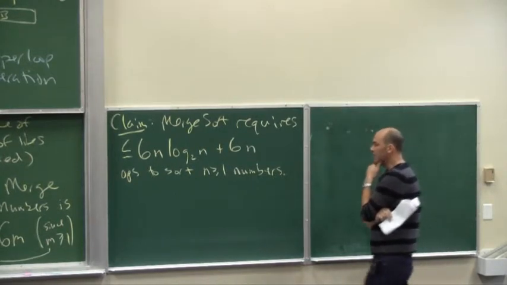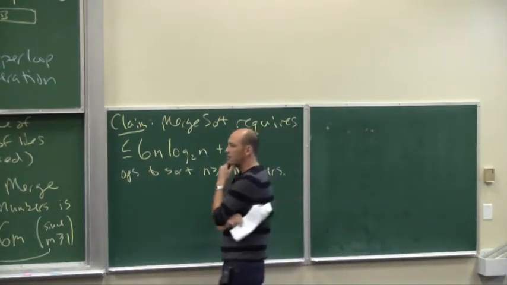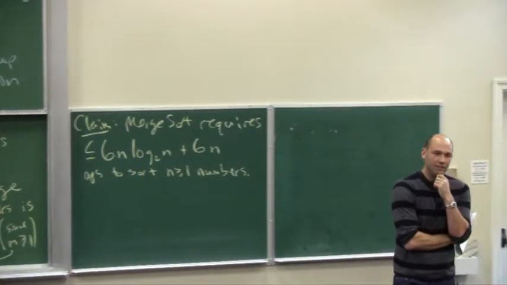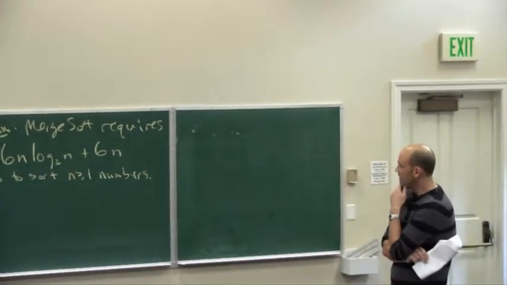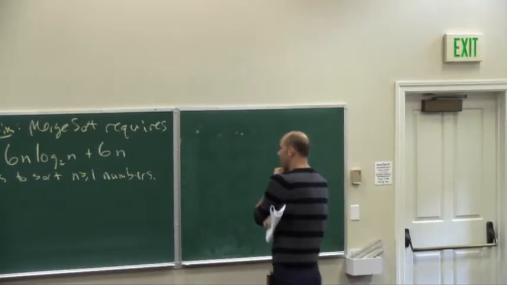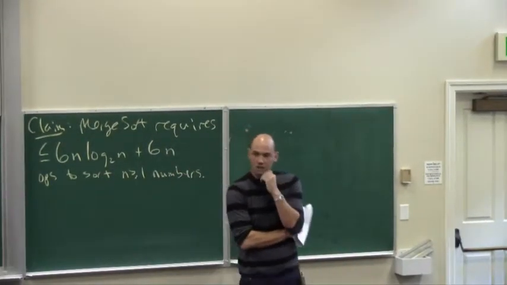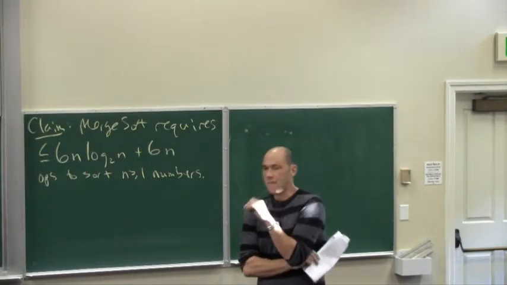Now, in my experience, some computer scientists have a sort of irrational fear of the logarithm, which I've never understood. But if you're in that category, let me just briefly demystify the logarithm for you. What is log base 2 of n?